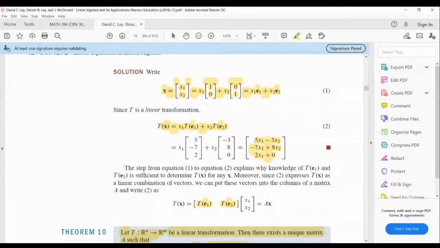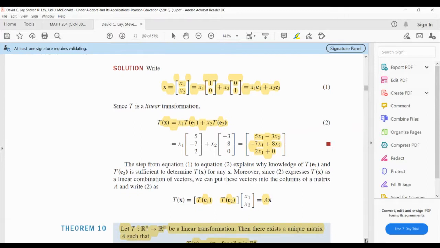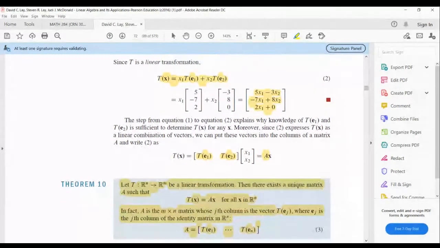Okay, that's an example that helps you see why this theorem 10 is true. How many find that example helpful so you can appreciate the theorem? I mean, you know how to apply the theorem, but I want you to feel comfortable with why the theorem works.